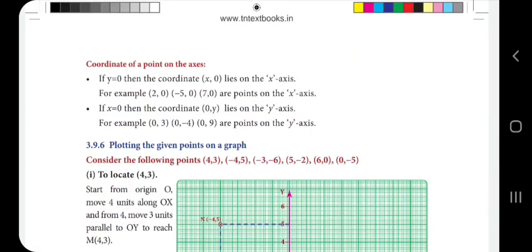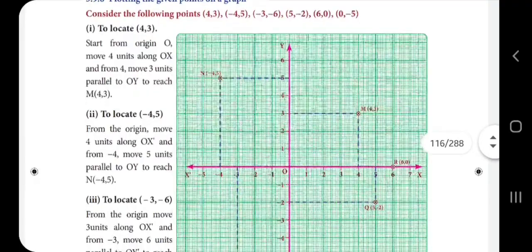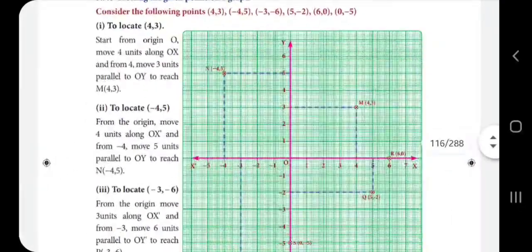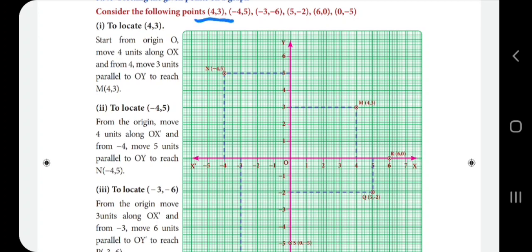Then, plotting the given points on a graph. How to plot the points? If you see the explained example, you can easily do the sums. Listen here, (4, 3). 4 is on the x-axis and 3 is on the y-axis.